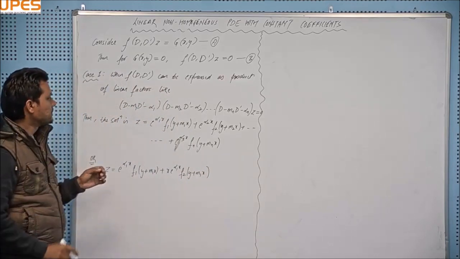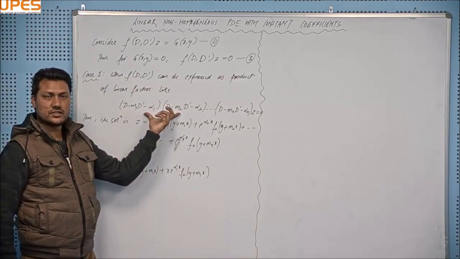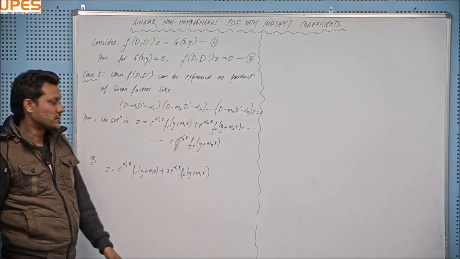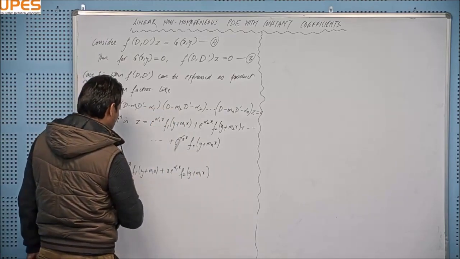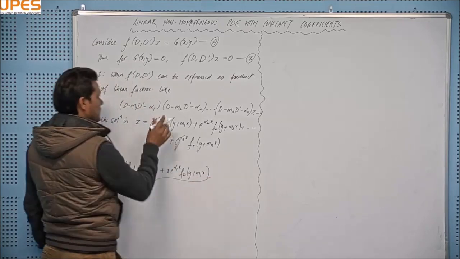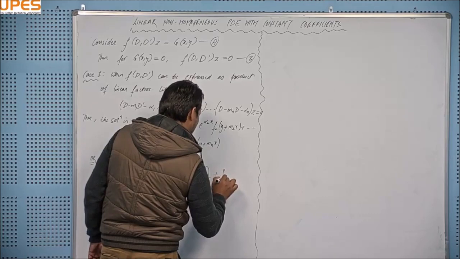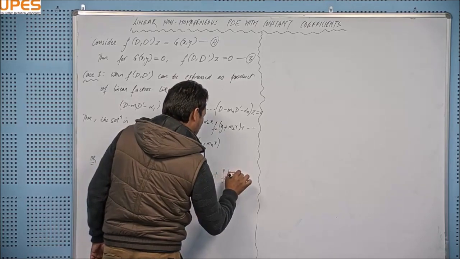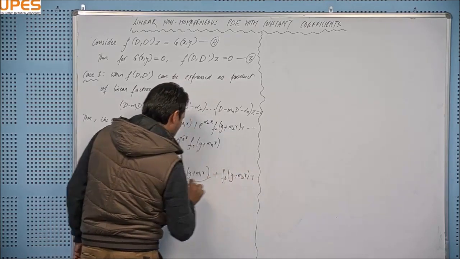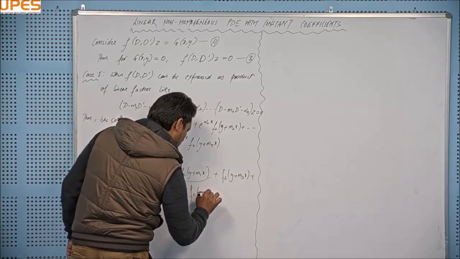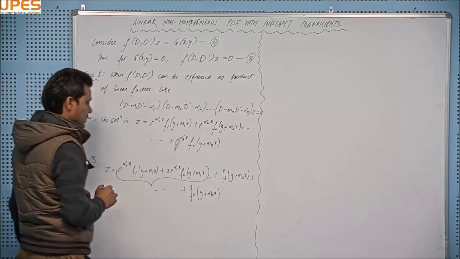Meaning if two of these factors repeat, this factor repeats twice, and then all other factors are distinct. This is for this repeating factor, plus then f3(y + m3 x) plus and so on, fn(y + mn x), right?